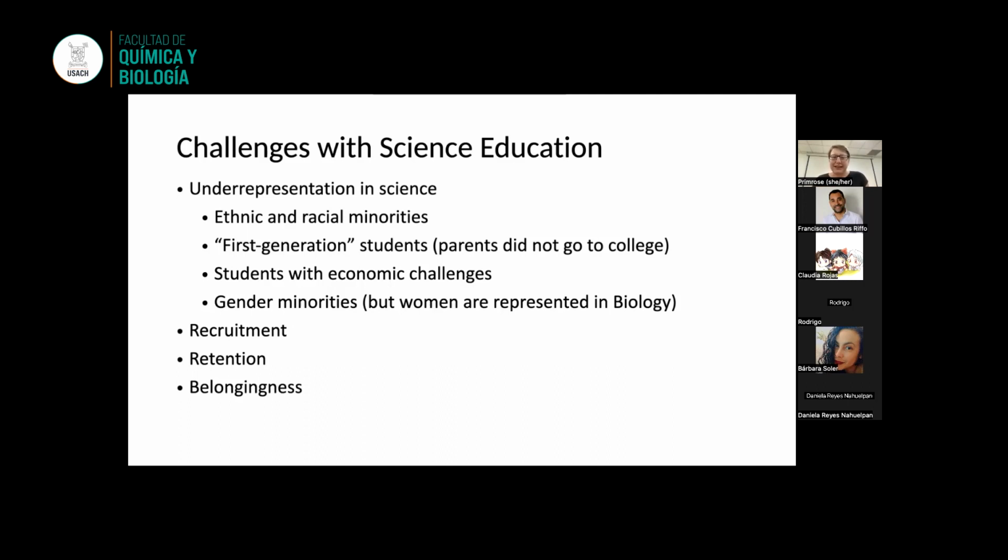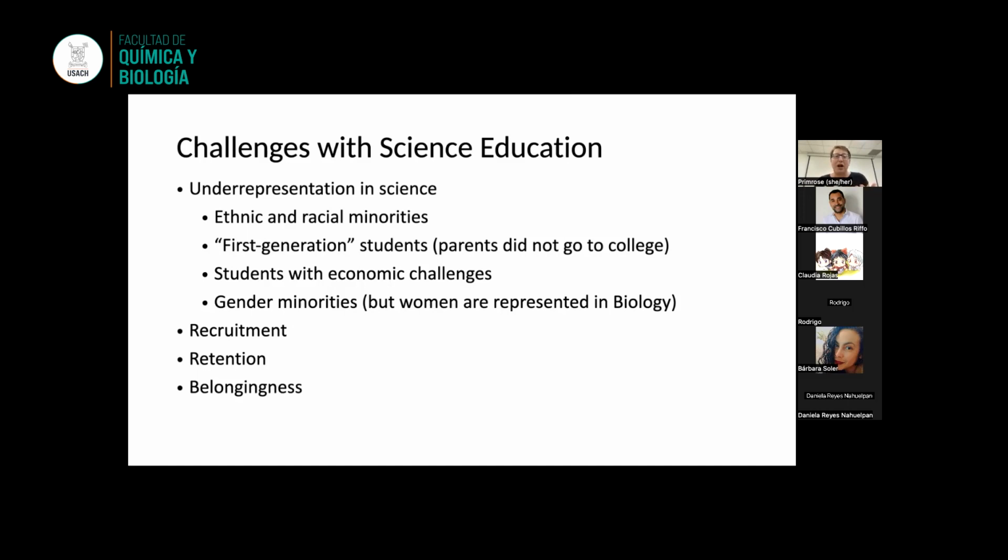And these challenges are related to processes of recruitment, which means who decides to go into science to begin with, and retention, who can stay in science or who switches to another field or perhaps leaves college altogether. And these are related to a sense of belongingness, this feeling that I belong in science, that science is a place for me.